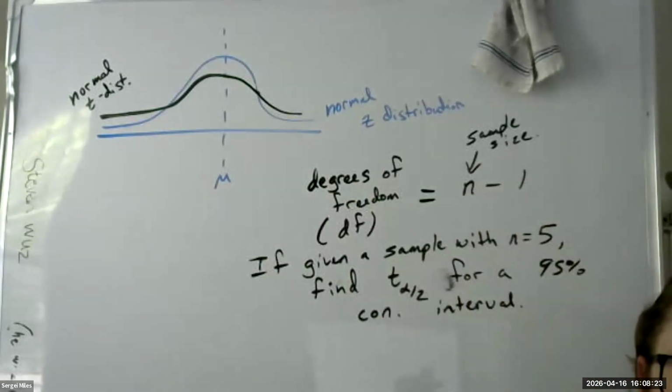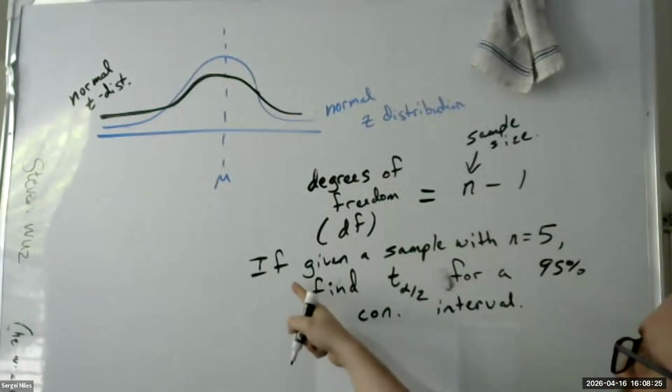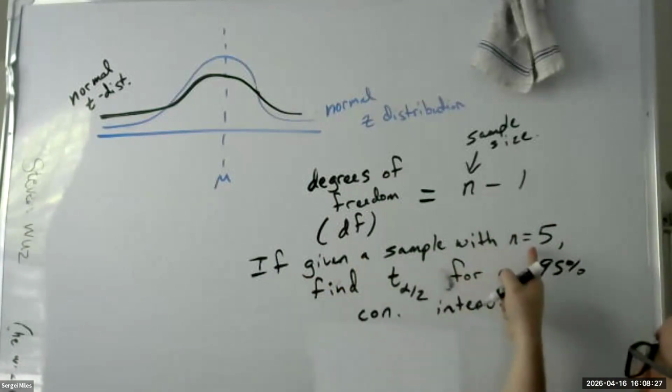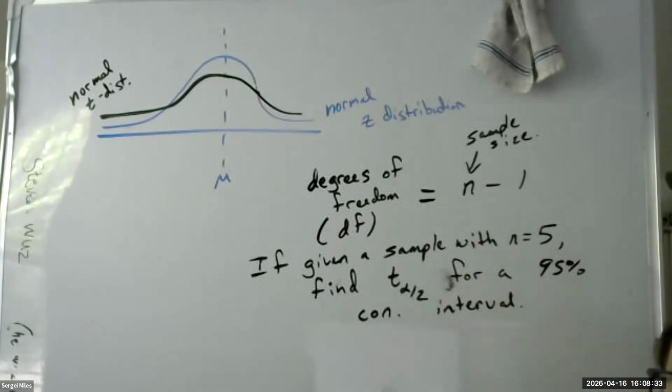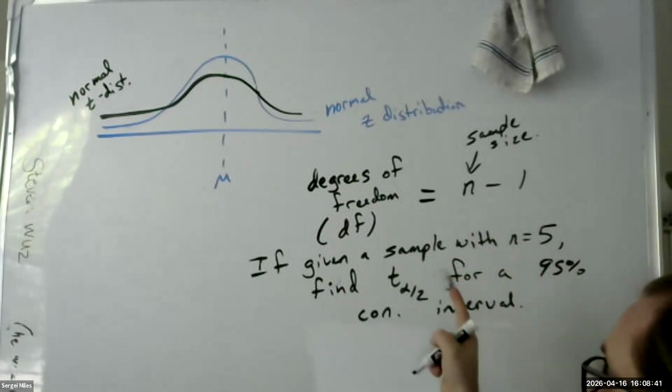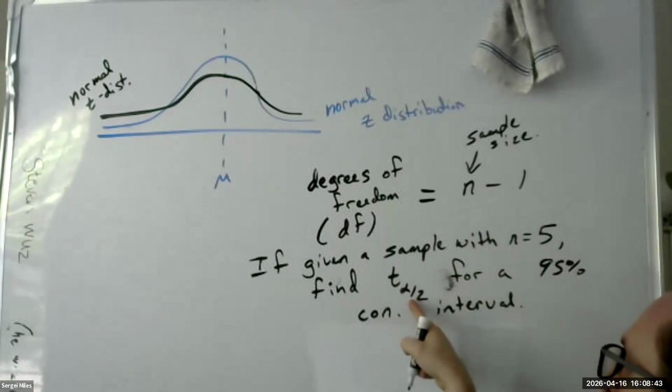All right, so this is what we're trying to do. If we have a sample with n equal to 5, so small sample size, I can't use z-scores. So instead, we're going to use t-scores, which are an approximation for z values. Okay? Now, we find this by, what is my t alpha?